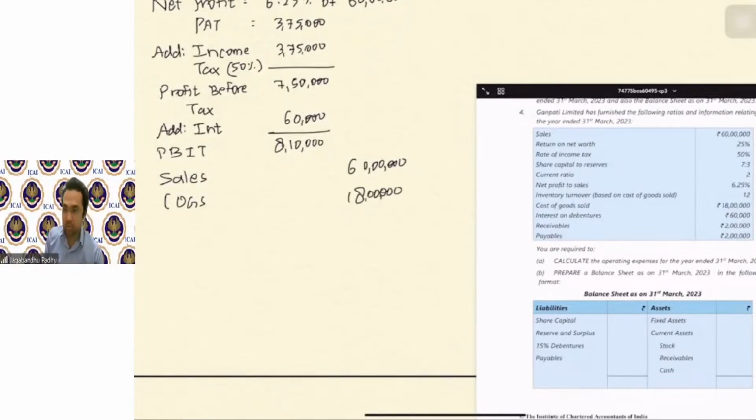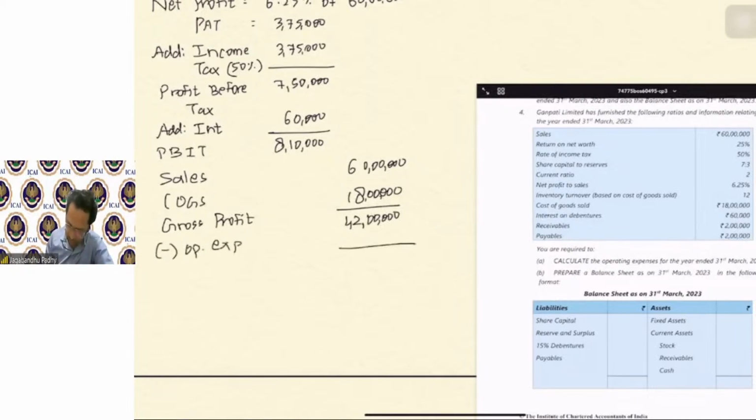So we have the gross profit figure of 42 lakhs. Obviously, from this gross profit, you subtract your operating expenses and then you get your profit before interest and tax. So profit before interest and tax is 8 lakh 10,000.